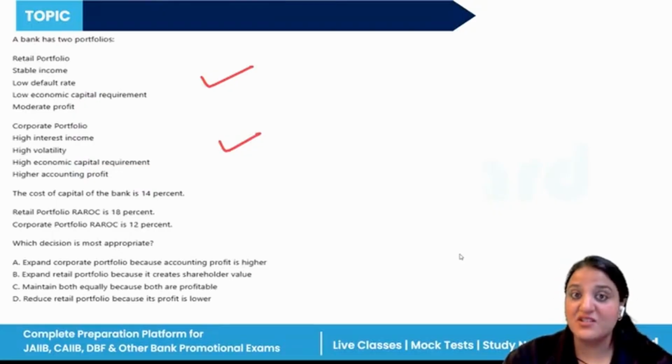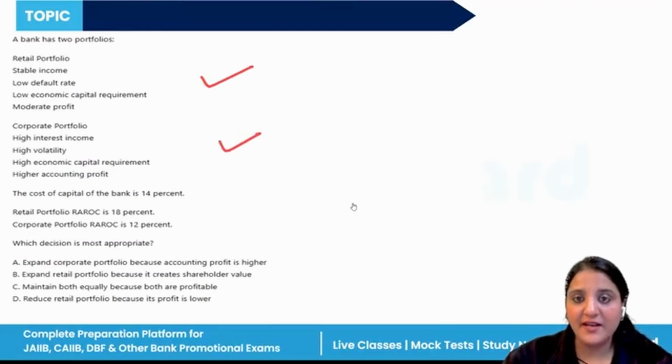That means it is destroying the value. The retail portfolio has a RAROC of 18%, which is above the cost of capital, so it creates value. RAROC based decision making focuses on value creation, not just the accounting profit.